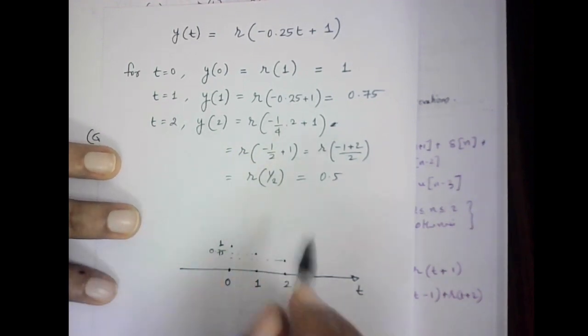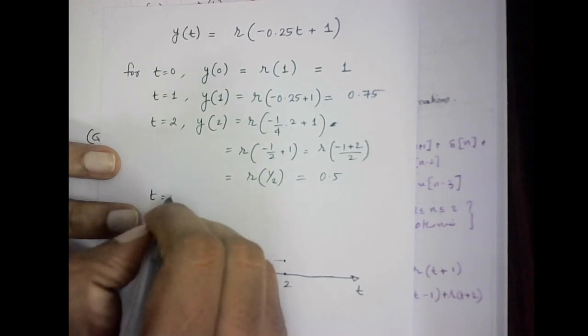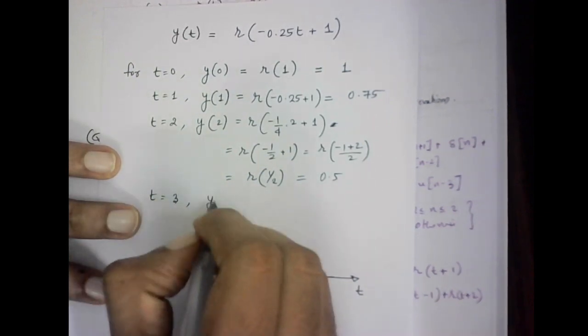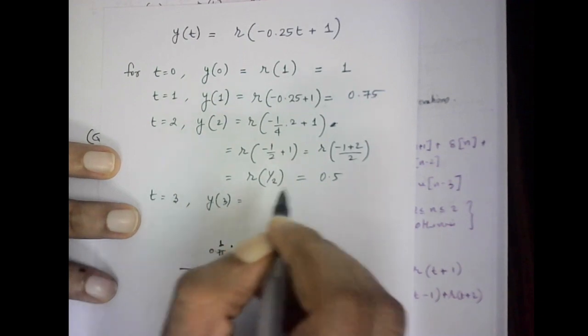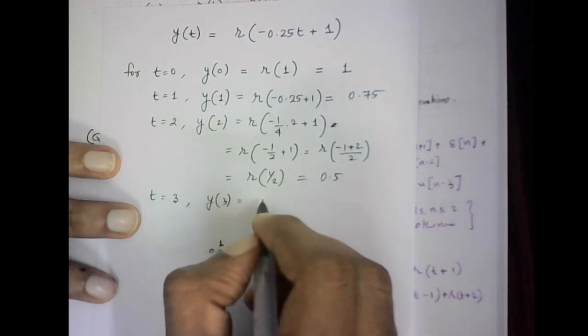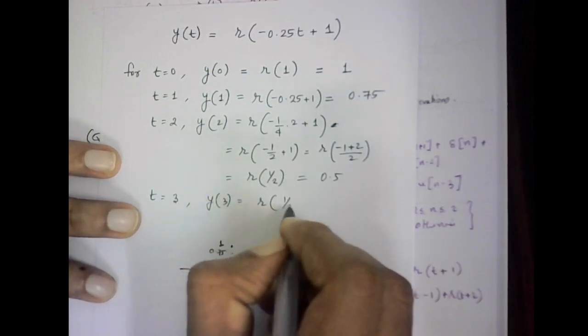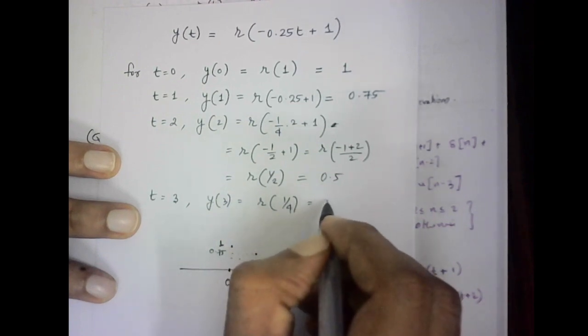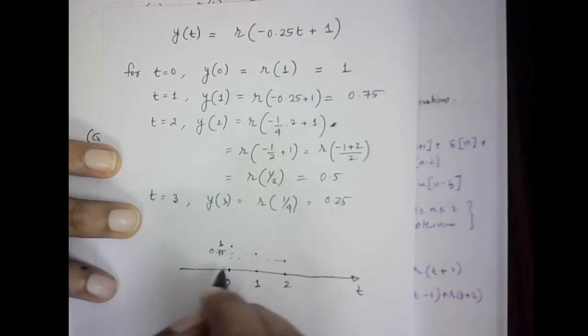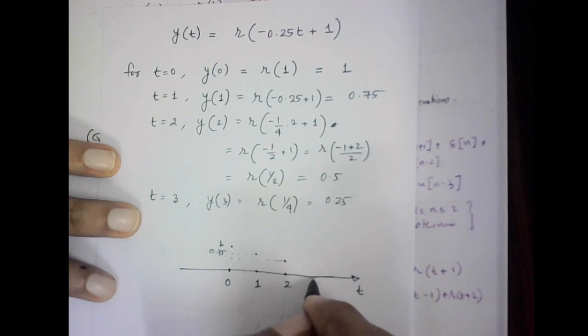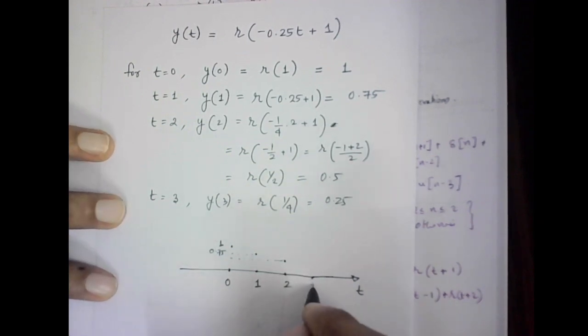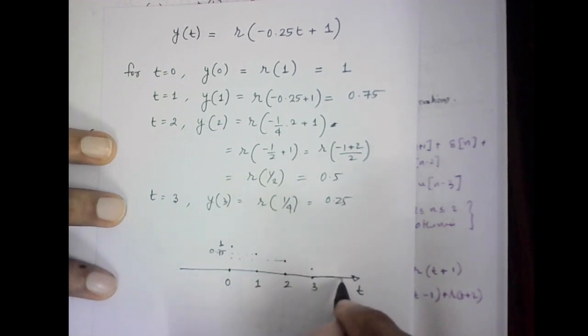Similarly, if you try for t is equal to 3, y of 3, you will get r of 1 by 4. You can check that, and it will be 0.25. So y of 3 is 0.25.